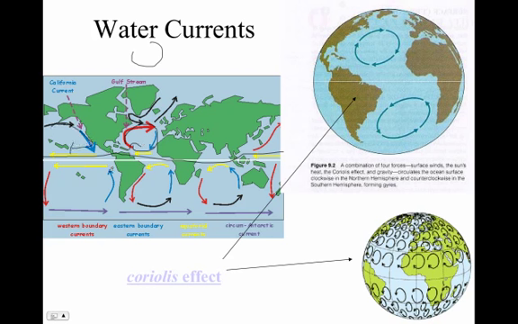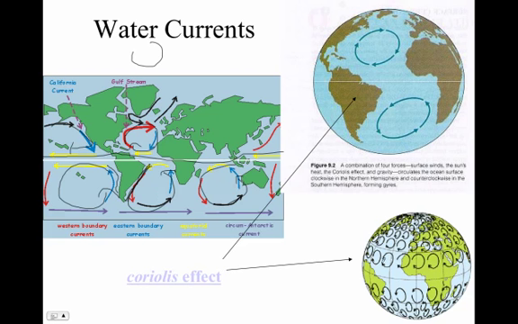And we get water moving counterclockwise, like this in the southern hemisphere. Now, as you can see, geography plays a role in how these work too, because water obviously cannot go through continents or land. And so here's our normal pattern that occurs for surface currents on the water.